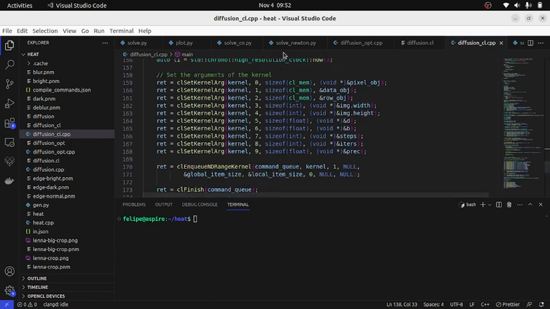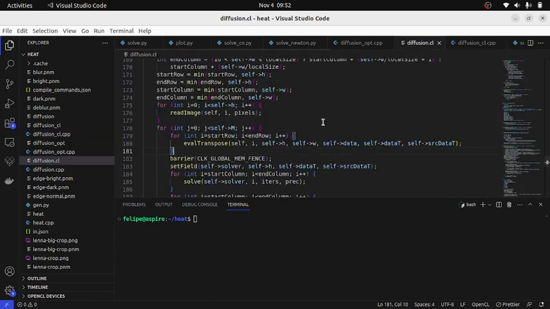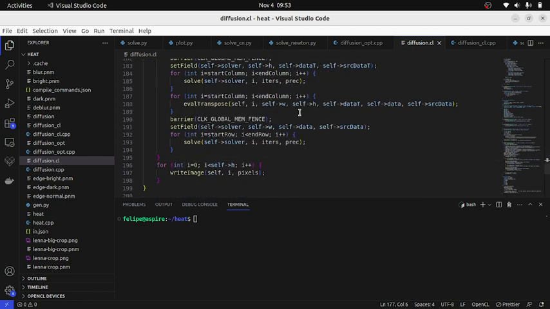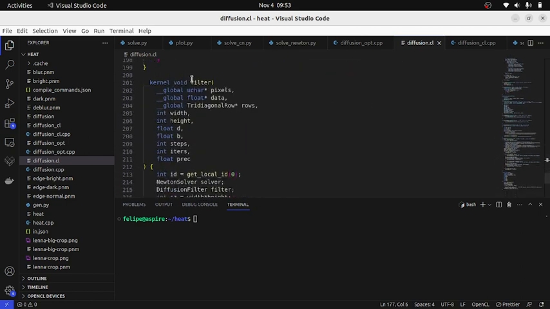And notice something important here: this is the entry point of the kernel, which is OpenCL speak for the main function. And you see here that these global things are kind of like arrays that you allocate in C, for example, because in OpenCL we don't have a malloc function. You have to allocate these things before the execution.